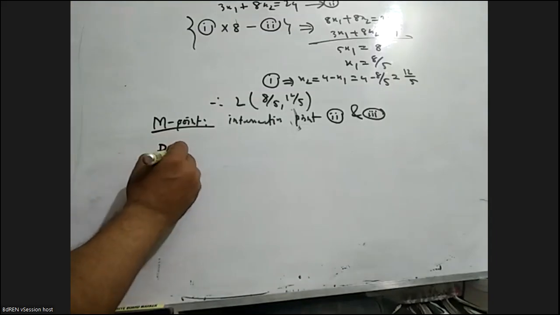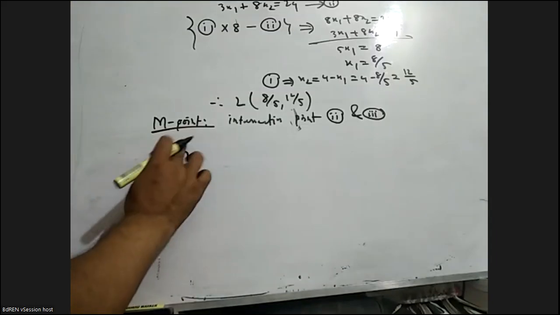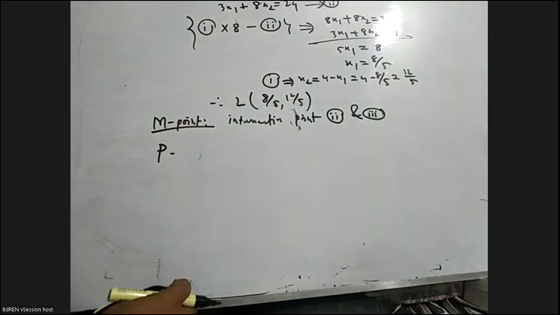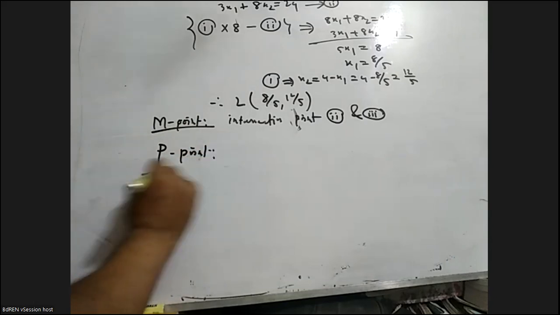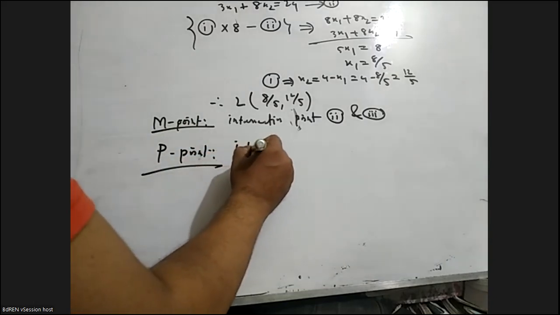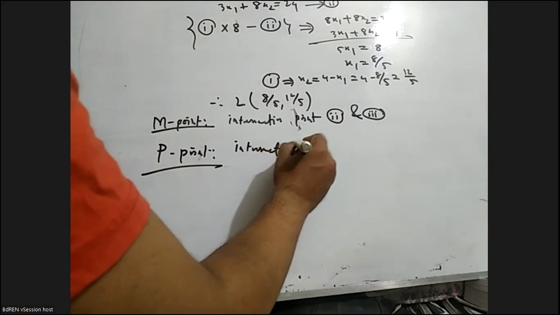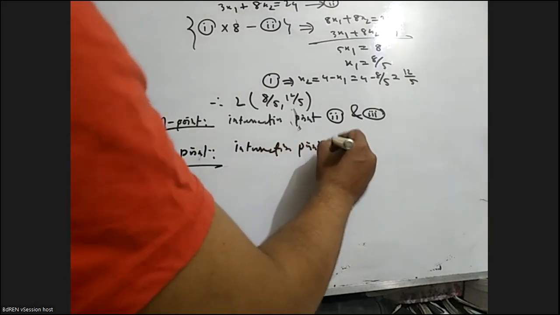P point is the intersection point of 1 and 3.